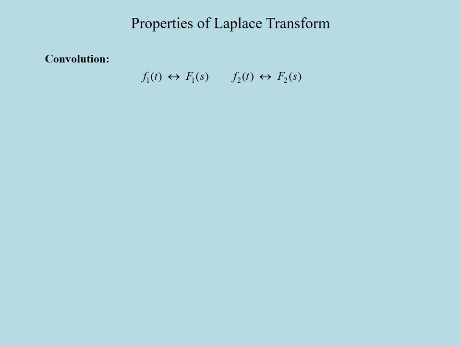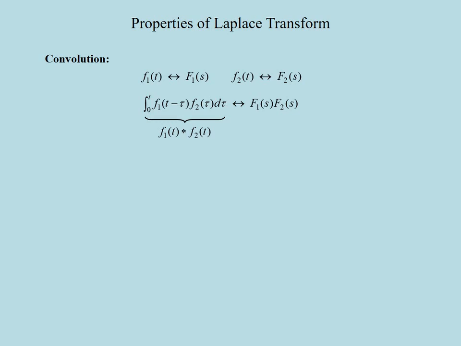In a while, we are going to prove that the integral from 0 to t of f1 of t minus tau times f2 of tau has the Laplace transform given as capital F1 times capital F2. This integral is known as the convolution integral and is denoted by a star.